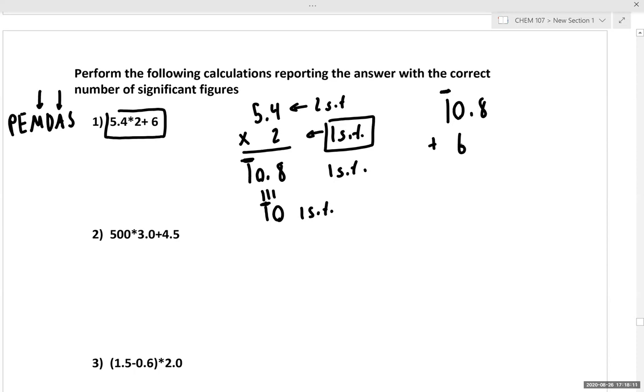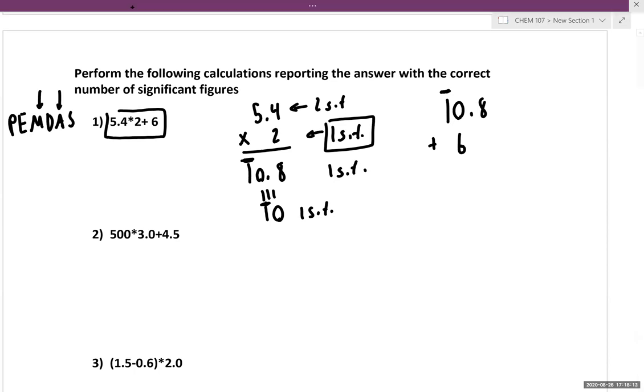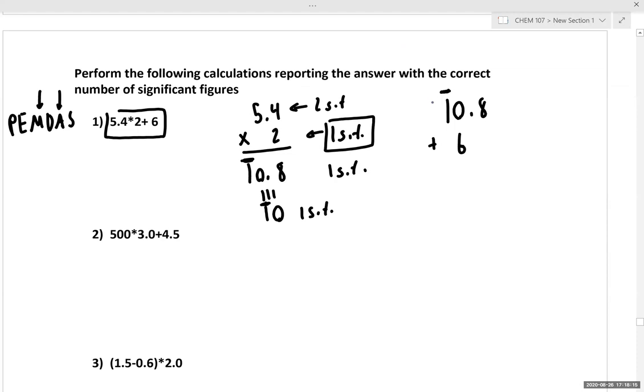Okay? Now, when performing addition and subtraction, we highlight and we indicate the last place with a significant digit. So 10.8, based on bar notation, only has a significant digit in the tens place.